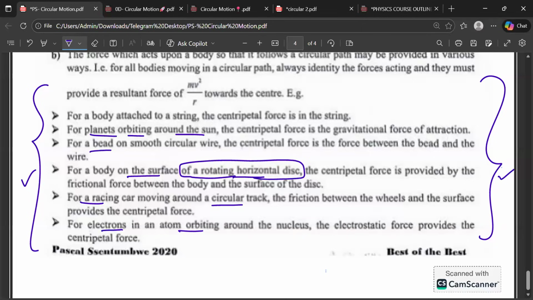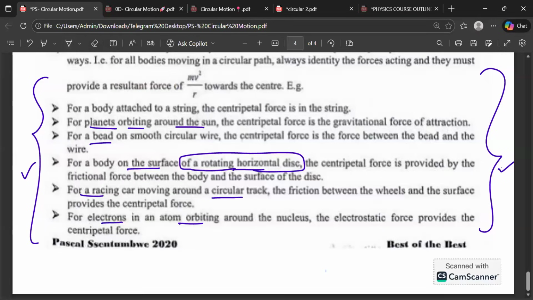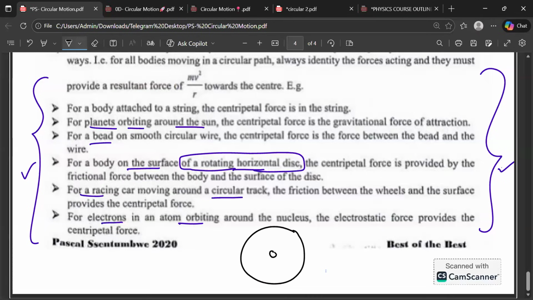They are talking of what exactly the centripetal force is. But as I've told you, the centripetal force is always acting toward the center like that. So that means it can be the force of attraction between this point and this point. If it is the planets orbiting around the sun, then the centripetal force can be the gravitational force of attraction between the two.